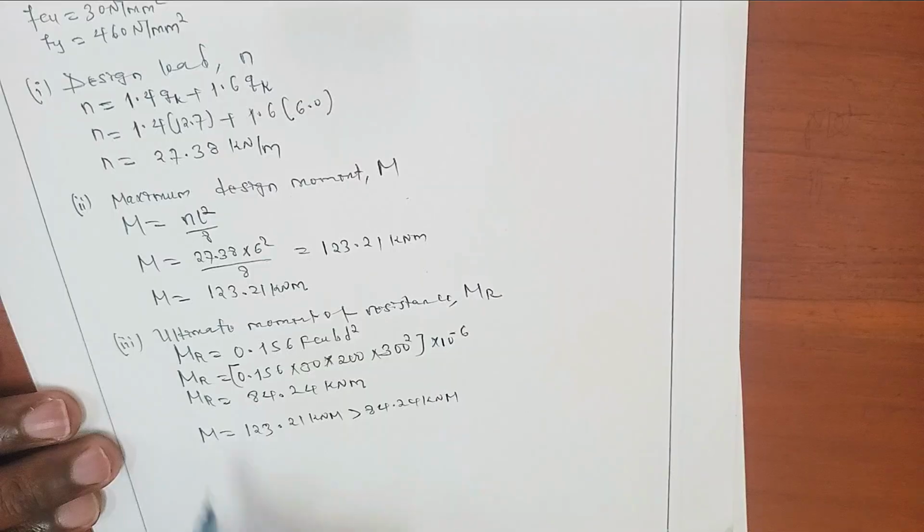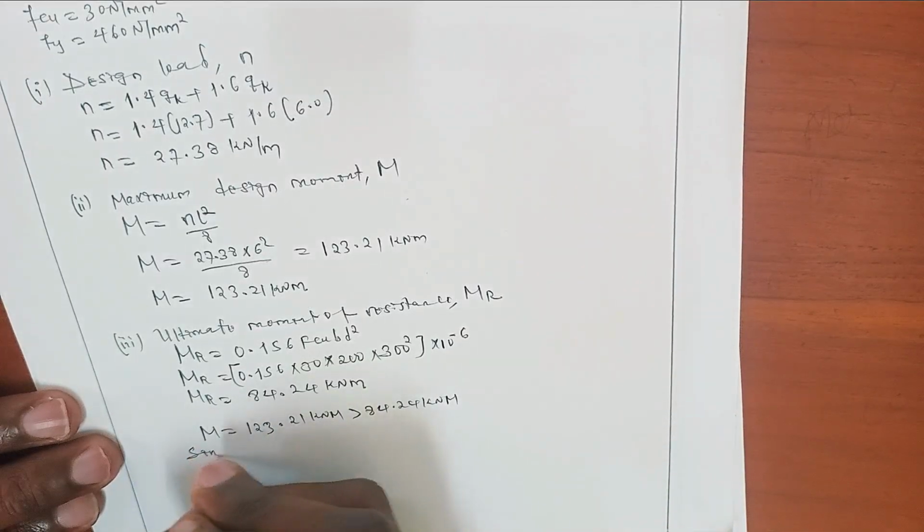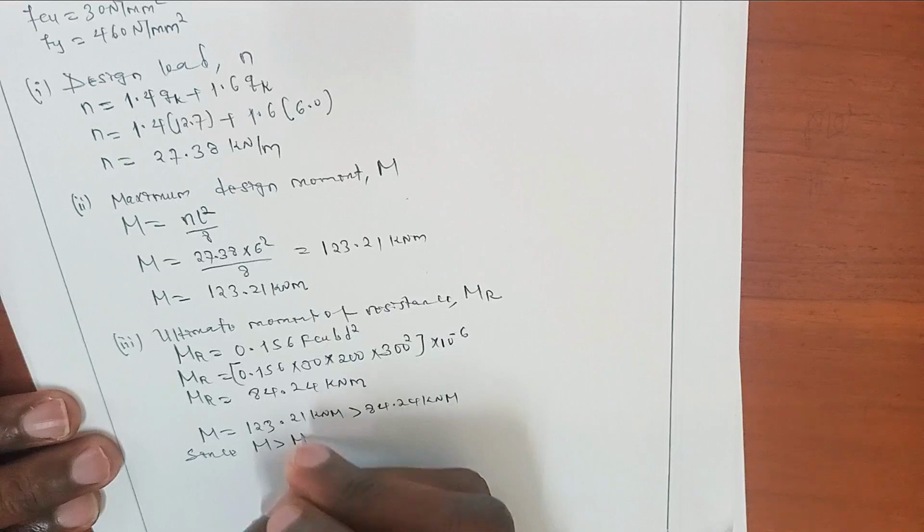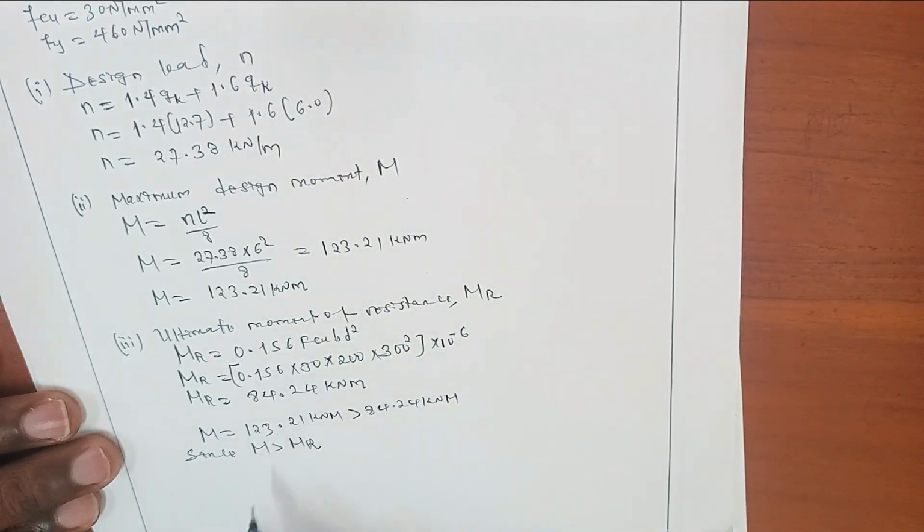Since the maximum design moment is greater than the ultimate moment of resistance, compression and tension reinforcements are required.